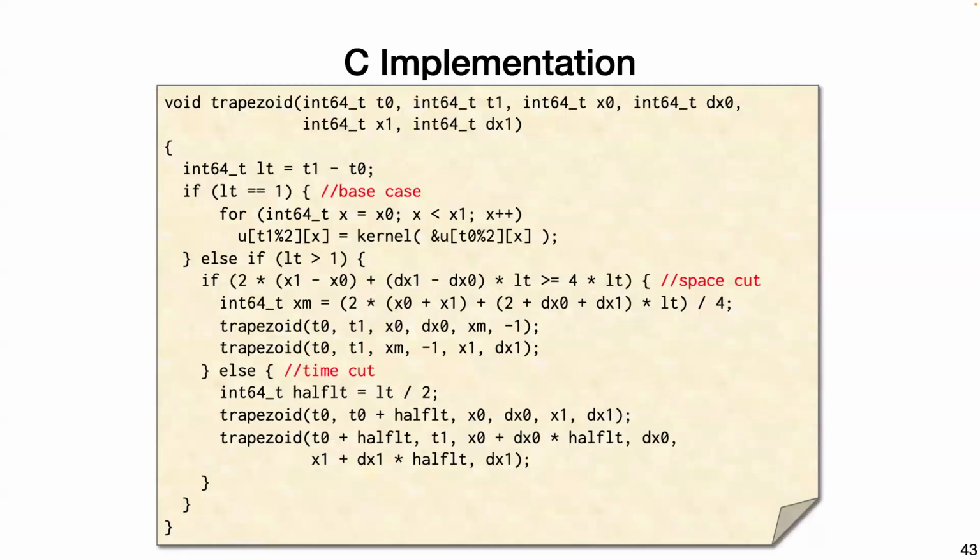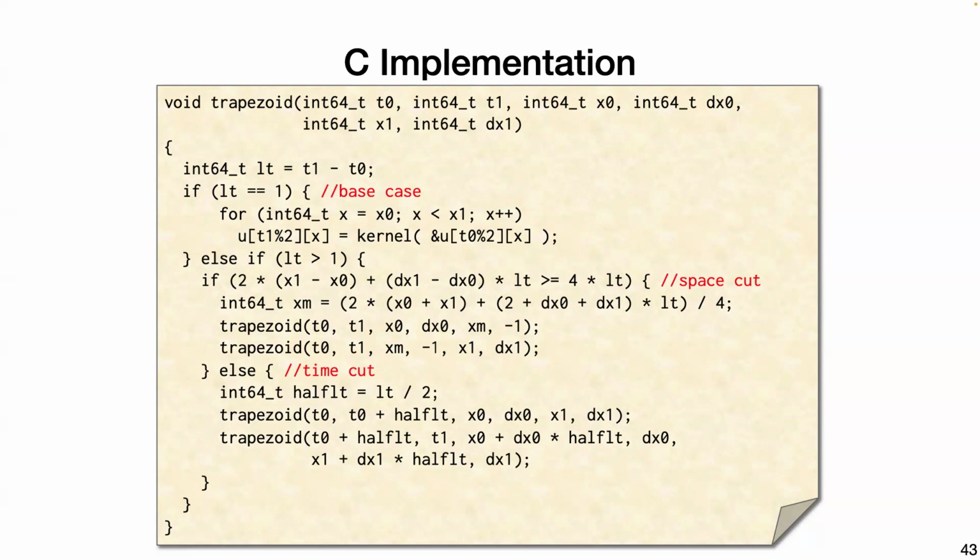So let's look at the code. It has these parameters: t0, t1, x0, dx0, x1, dx1. t0, t1 are like the height, time 0 and time 1. x0, dx0 are the leftmost point and the slope on the left side, and x1, dx1 are the point on the right side and the slope on the right side.